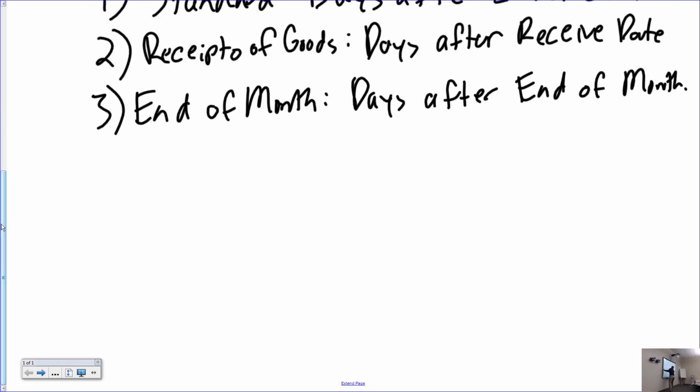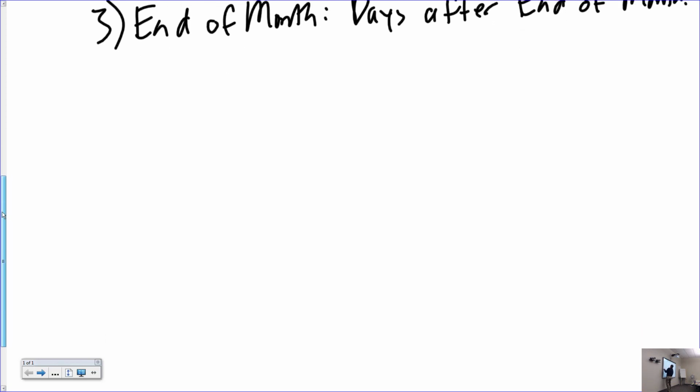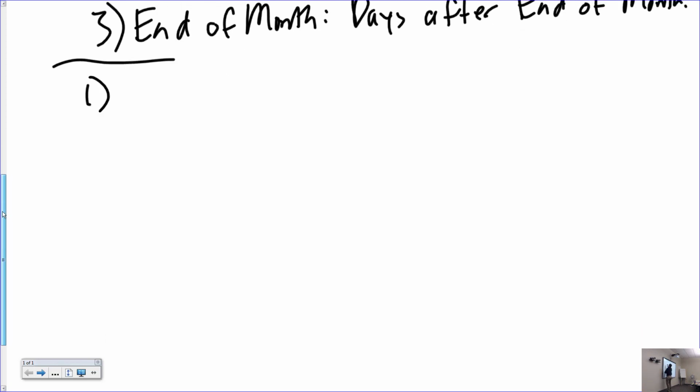So, when you see terms written like this, these are standard terms, okay? Again, it looks like I'm writing a bunch of weird fractions inside of my invoice, but this is what you need to know represents the terms, right?